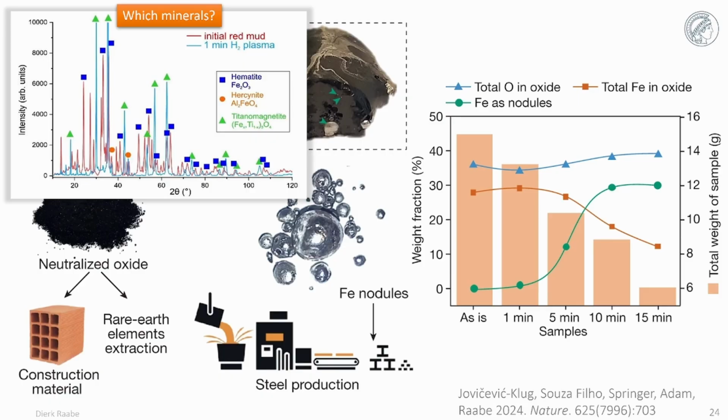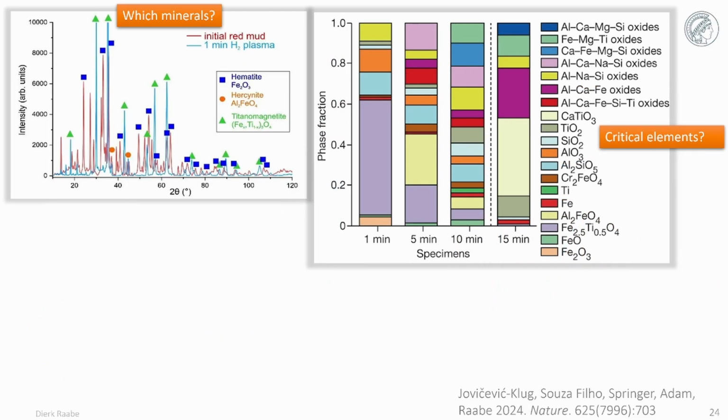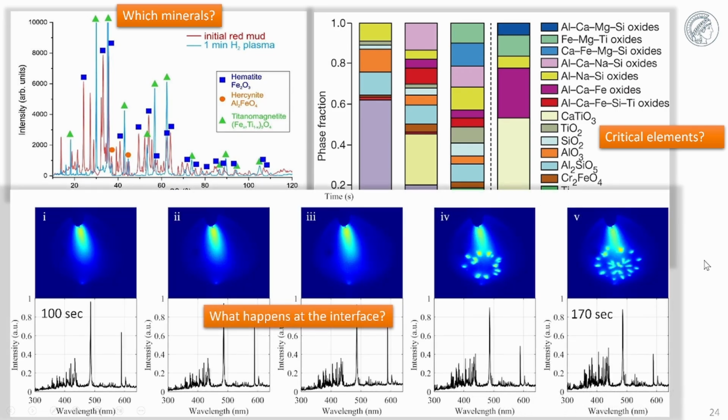The intermediate steps in these red mud substances are, owing to the high mineral content, very complicated. I give you here a few glimpses. The details can be found in this publication, but you can appreciate that many intermediate precursor oxide states appear until you finally arrive at the actual extraction of the metal that you want.